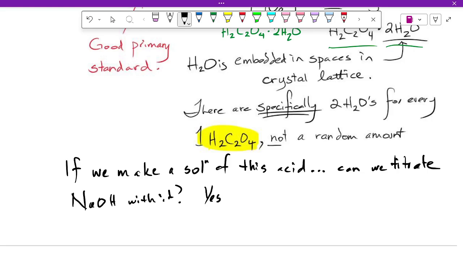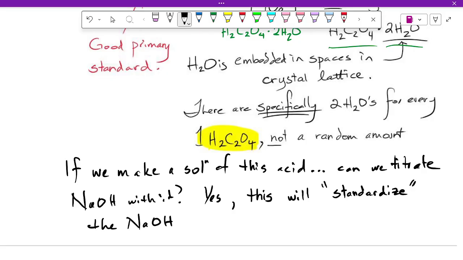And this will standardize the NaOH. In other words, we will find the actual concentration of the NaOH.